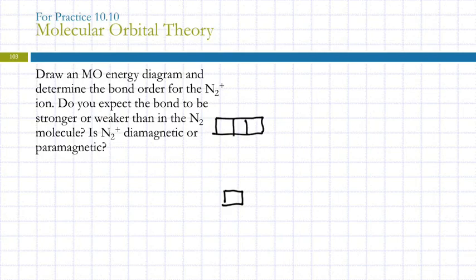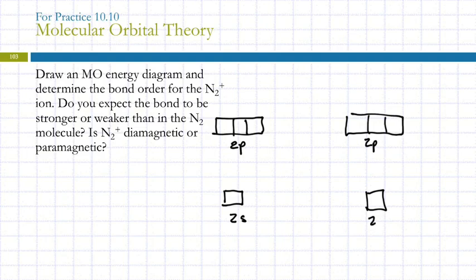So nitrogen, we're looking at 2p and 2s. When the s orbitals overlap, we get a sigma 2s and a sigma star 2s.